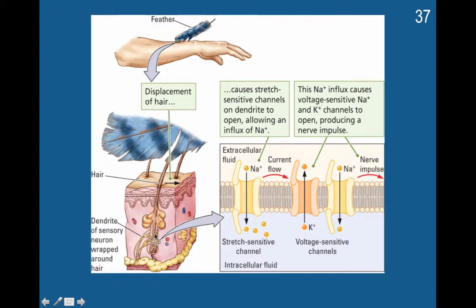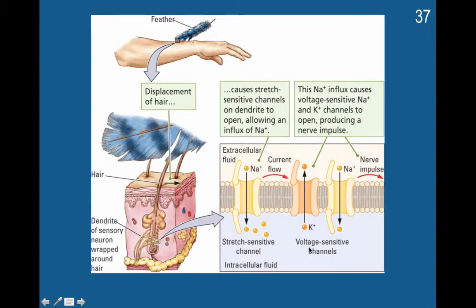So when the hair moves, this causes stretch-sensitive channels to open. So you can have sodium channels that would open if they receive a particular neurotransmitter. You have voltage-gated channels. Well, these ones are stretch-sensitive channels. So these stretch-sensitive channels correspond to pulling movement that causes the sodium to enter the cell. And then again, this makes the cell more positive.